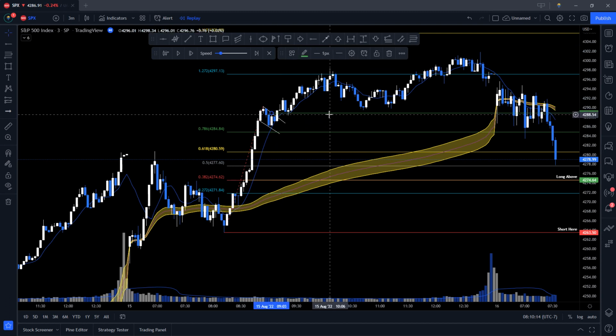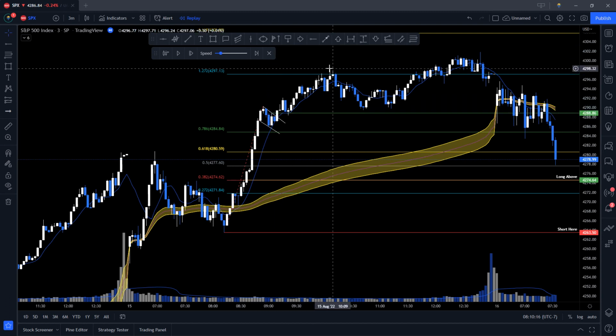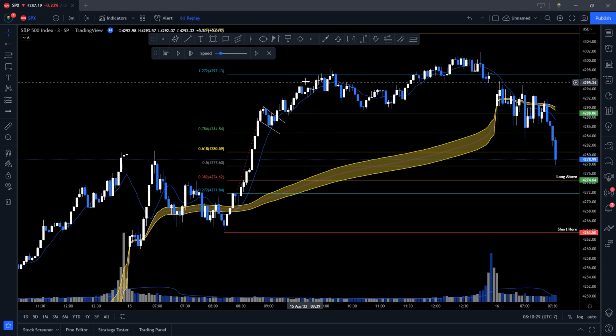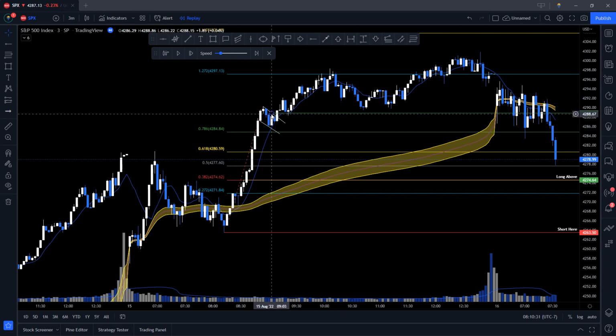And you take your long entry here and play it up to the 272 level and get out right there. And as you can see, we basically hit the 272 on the dot. This candle wicked above it a little bit. This one as well, but it's a pretty clean entry and exit.